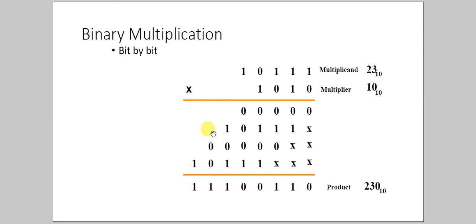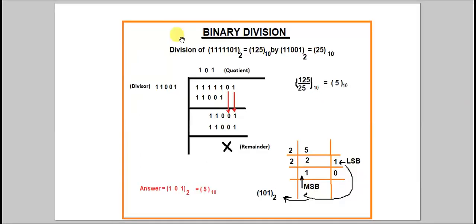So 1 plus 0 is 1, and 1. This is the final result of the product, or multiplication, which is 11100110 to the base 2. Okay, now let's see the last one, binary division, which is a mathematical arithmetic operation.